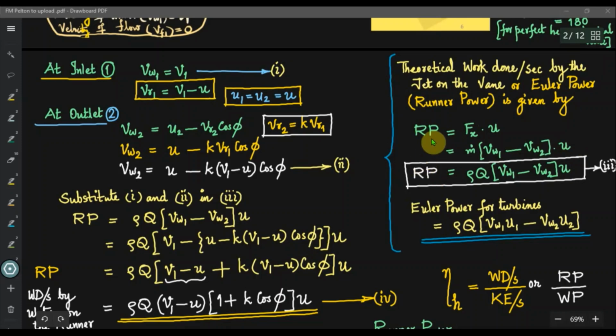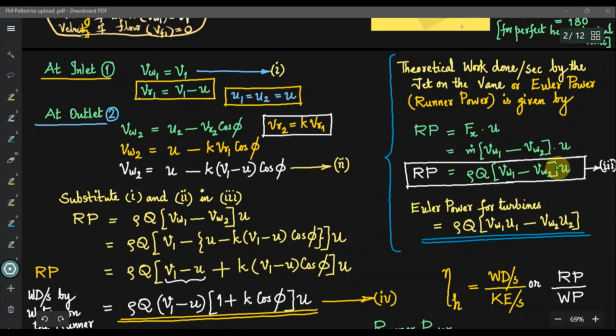So runner power, which is the work done by water on the runner per second, or Euler power, that is a theoretical power, we can find out by using the relation Fx into u. And Fx in this case is the mass flow rate striking the vane, m dot, multiplied by (Vw1 minus Vw2).